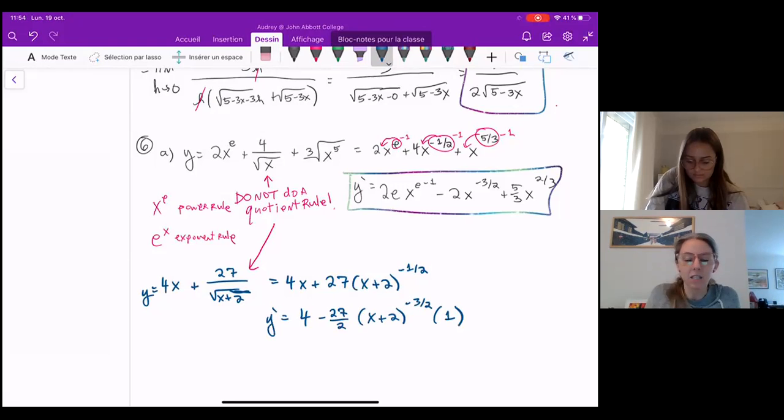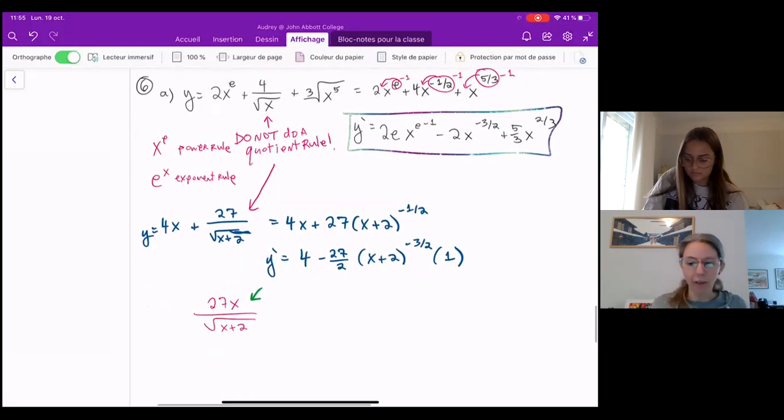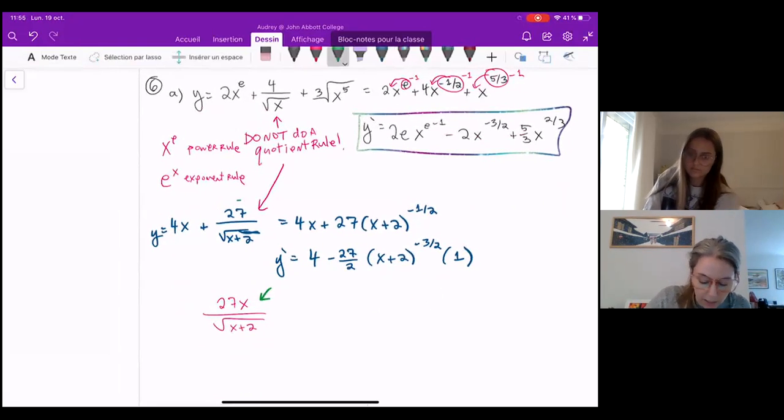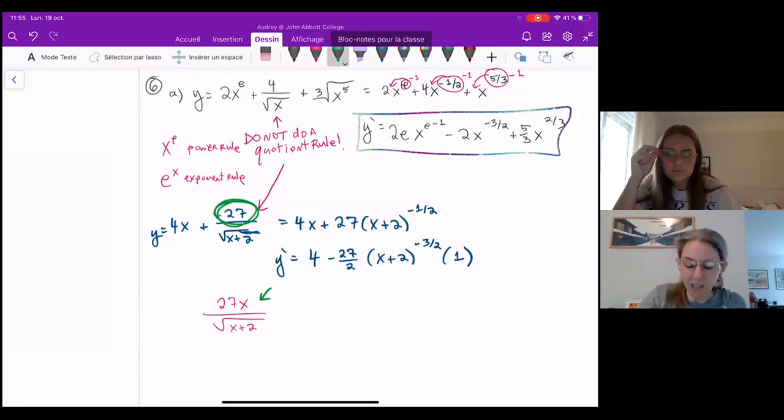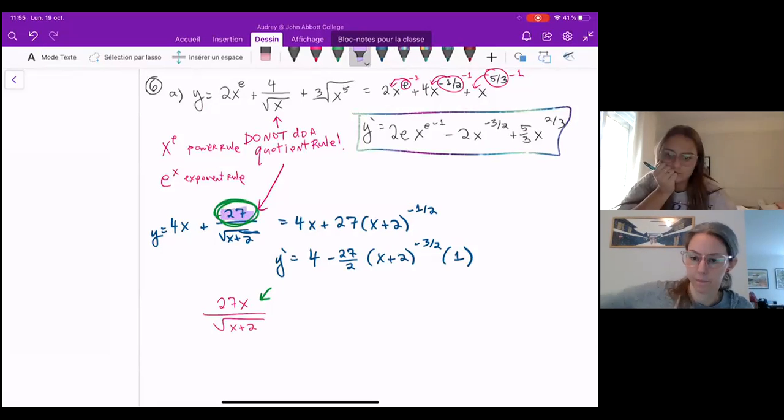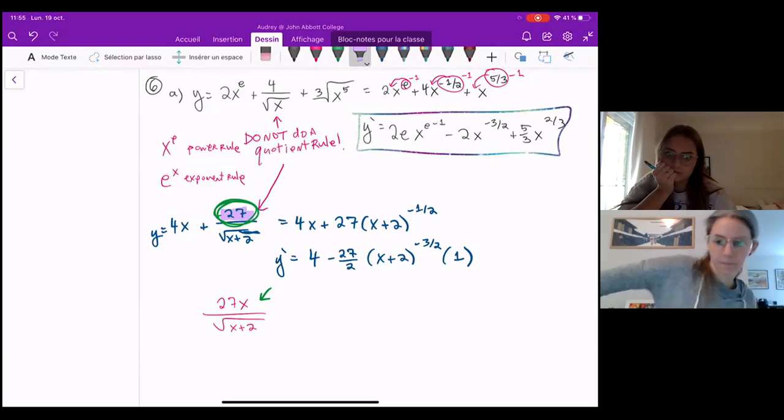So in this case, it's not the same thing as this. With this one, there's an x on top. I'm going to have to do a quotient rule or a product rule. With the numerator just being a constant, that is a sign that you should just simplify. Does that make sense?